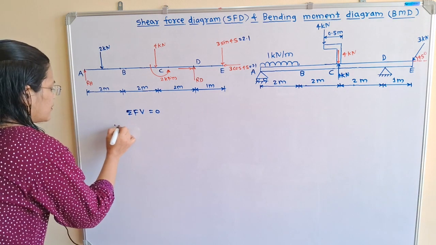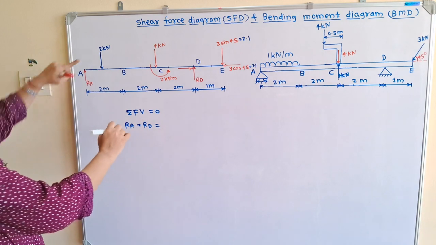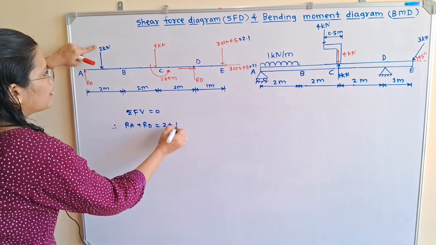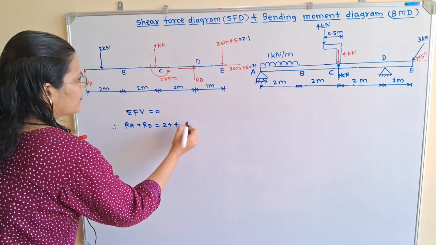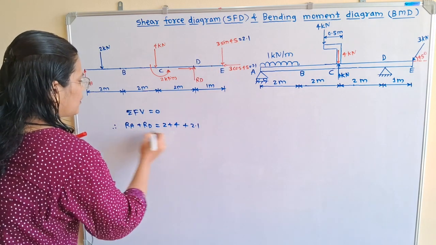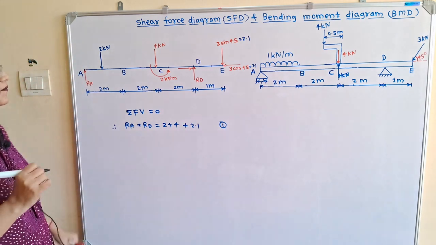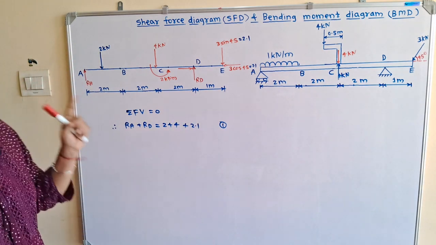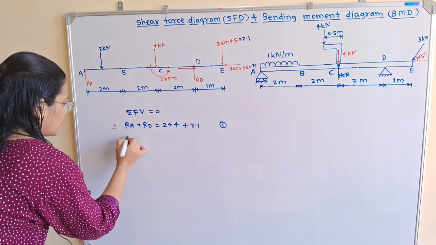So we will write, therefore, RA plus RD is equal to 2 plus 4 plus 3 sin 45, that is equal to 2.1. We have to calculate this and we will get equation number 1. Now we will write the summation of all horizontal forces is equal to 0.